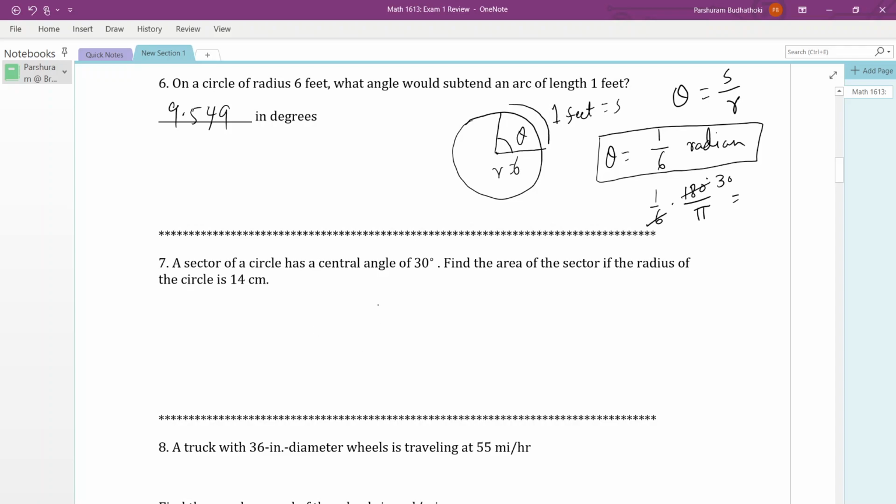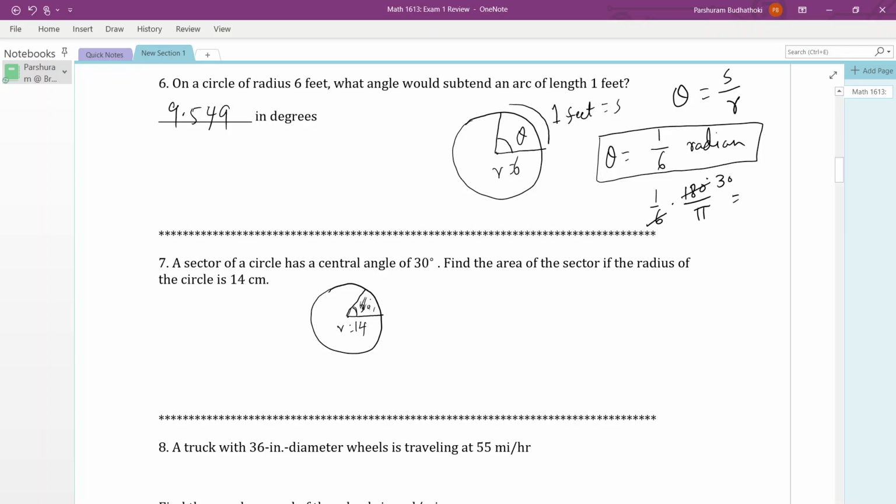So this is a circle, and there is a sector of the circle, this sector, and here is the angle, 30 degrees. The radius of the circle is 14 centimeters. We want to find the area of this part.